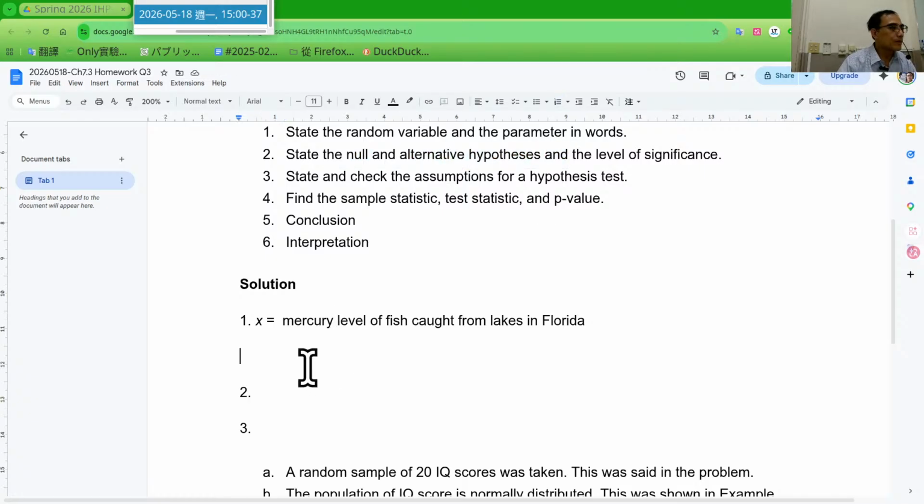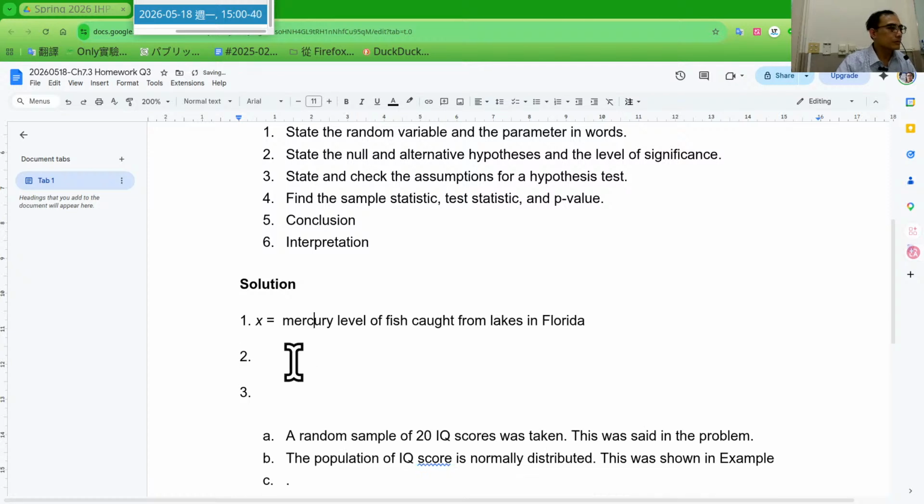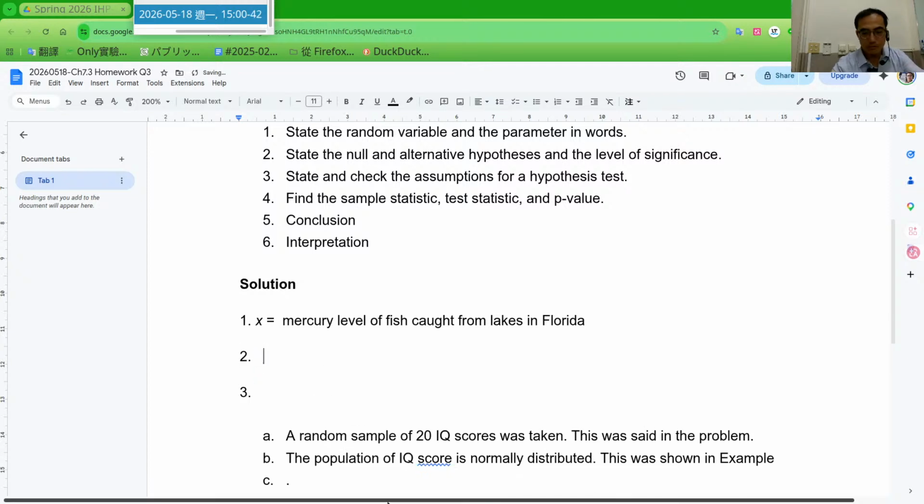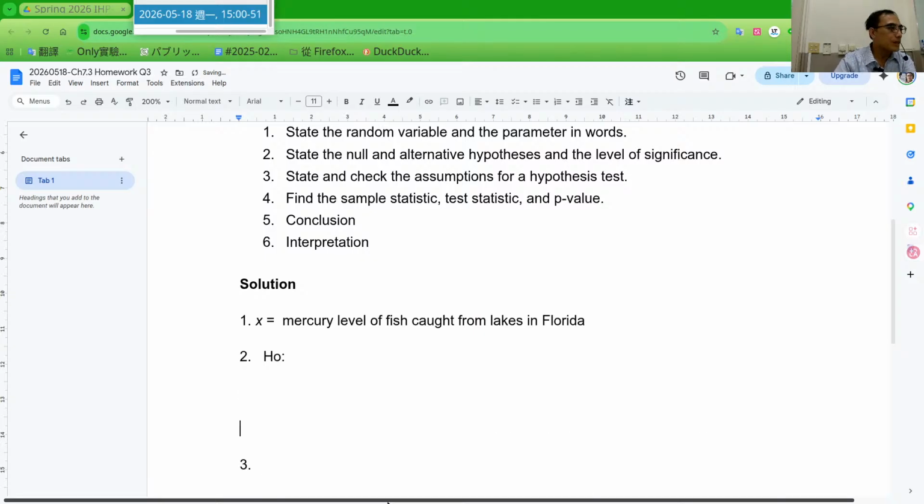Here, null hypothesis. Sorry, something is wrong with my computer, so I type it like this. Null hypothesis: the average, the mean, is the same.